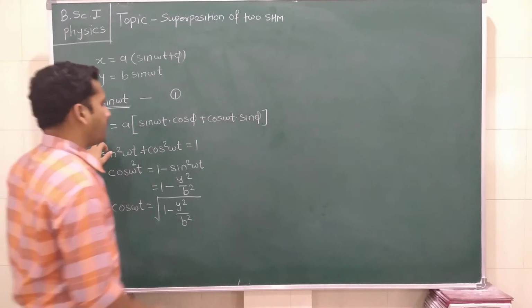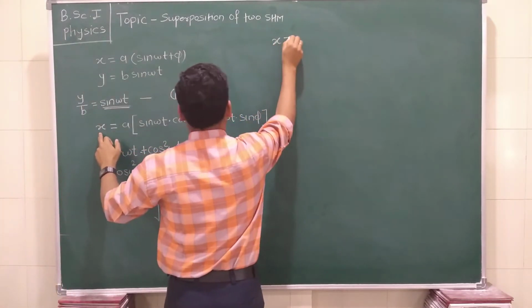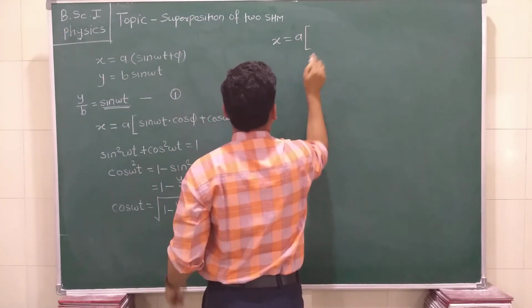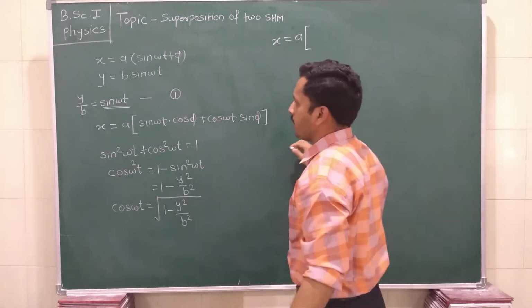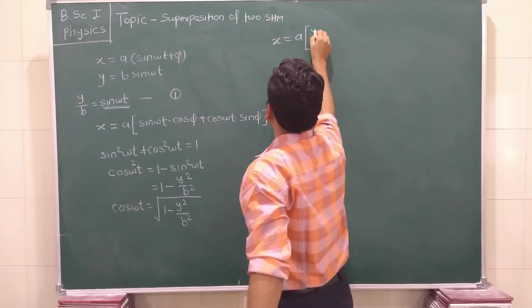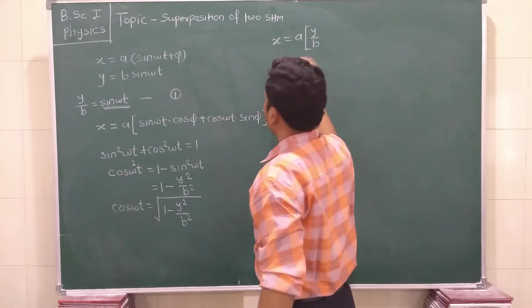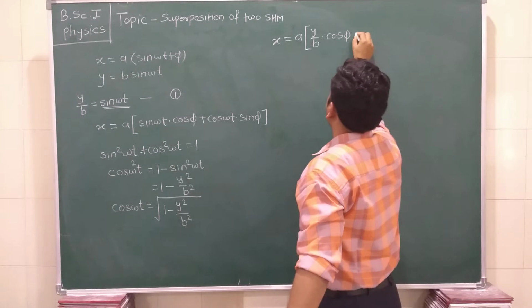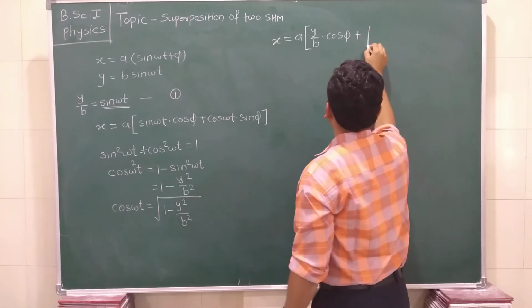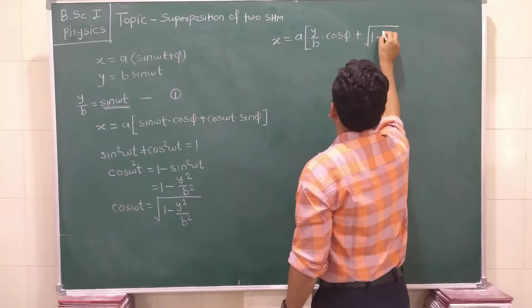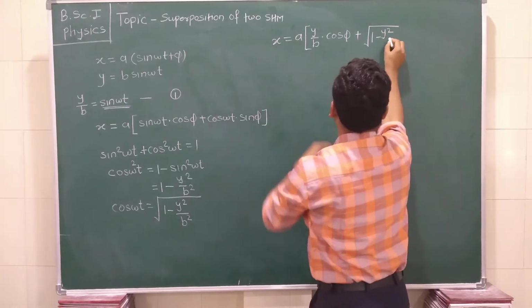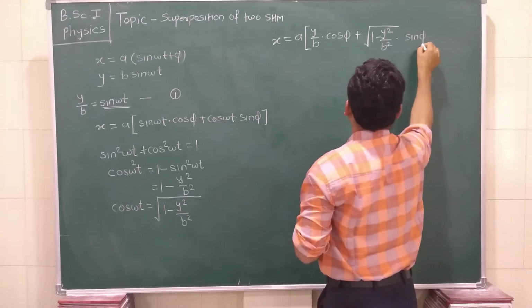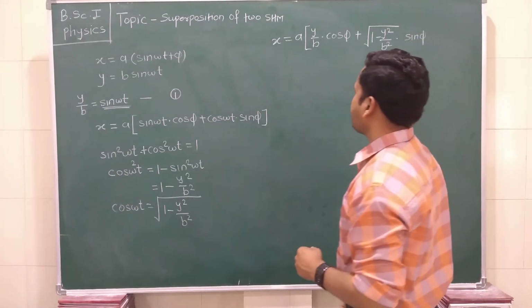So I get x is equal to a times, sin omega t is equal to y by b, into cos phi, plus under root 1 minus y square upon b square into sin phi. Okay.